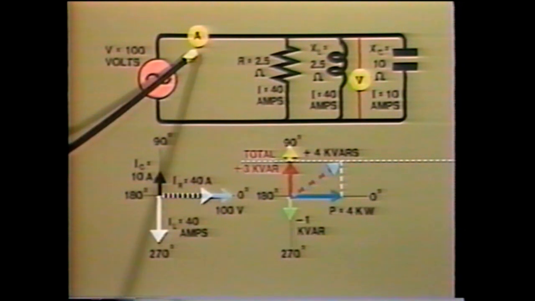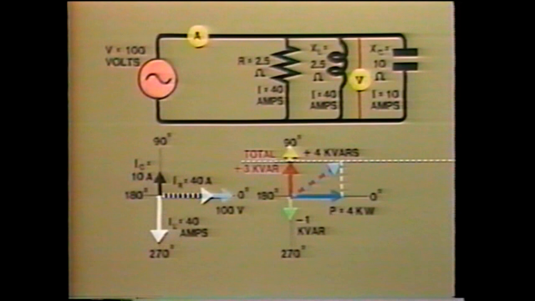The combined current is that which is indicated by the ammeter here. This value is known as volt amperes, or kVA.